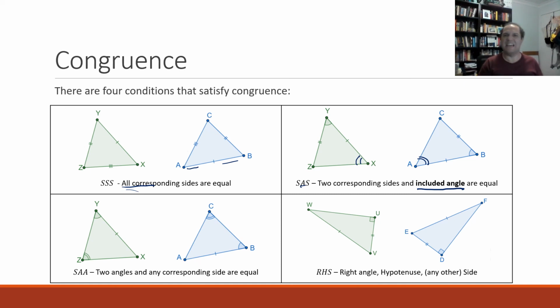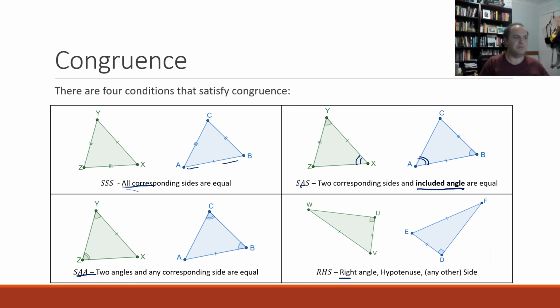The reason it could be any side is that if you know two angles, you know all the angles of a triangle, because you can subtract them both from 180 and you know the angle that's left over. So if two angles are the same, they must all be the same. Then if one of the corresponding pairs of sides is equal, we've got congruent shapes too.